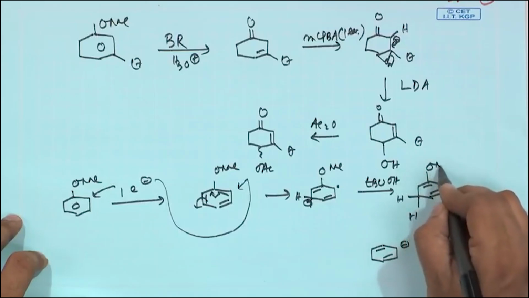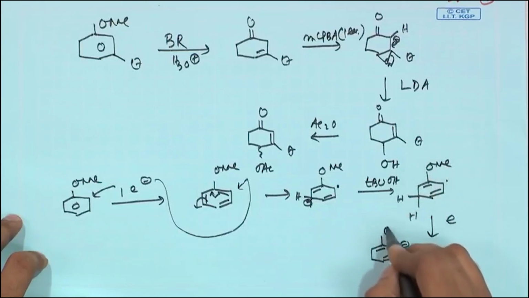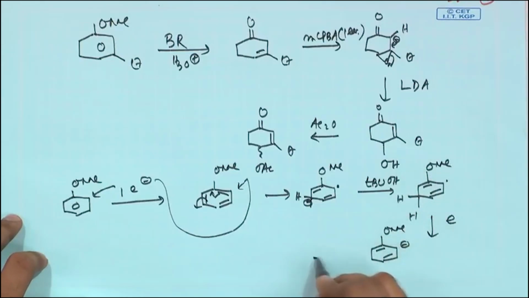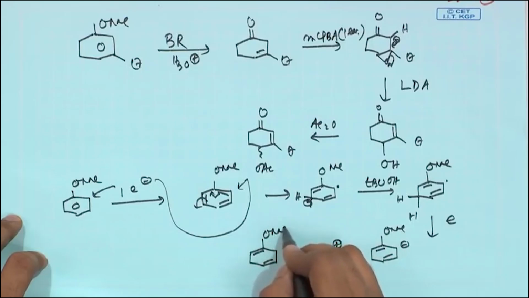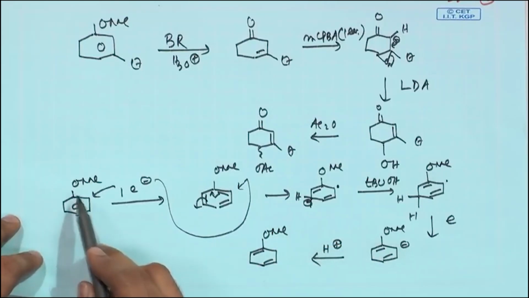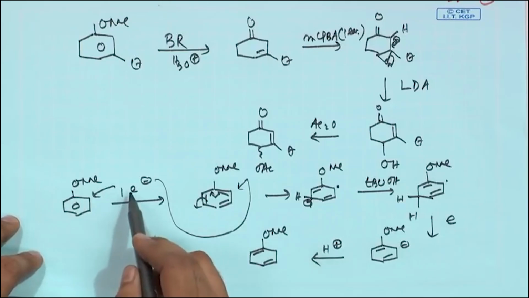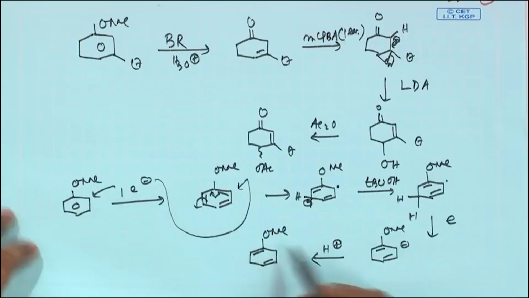This OMe remains here, and then you take H plus from the solvent, and it will give you this compound. So, if you have an electron releasing group, it always prefers the single electron attack at its ortho position.